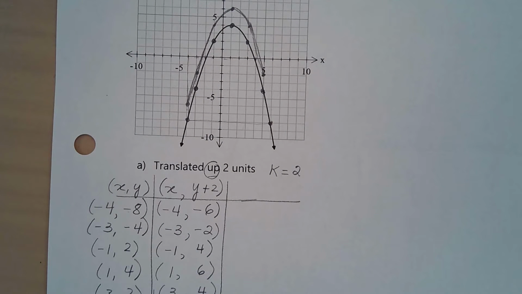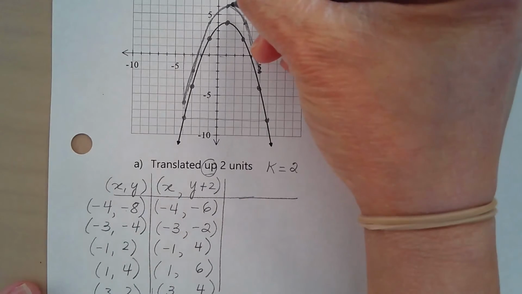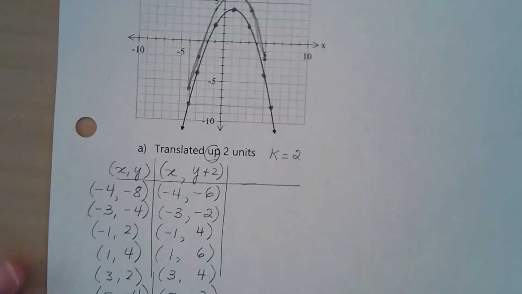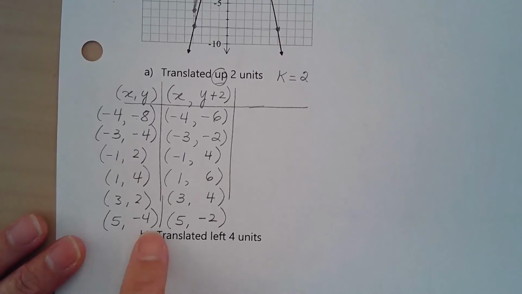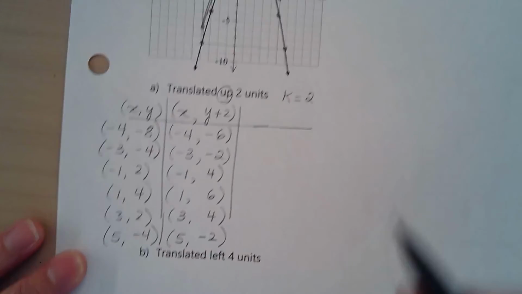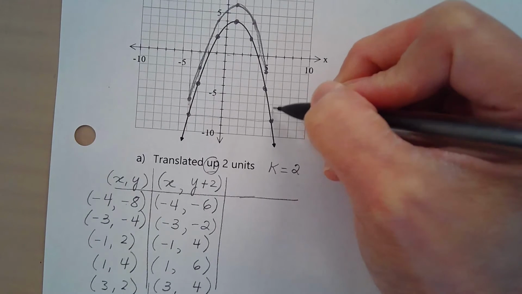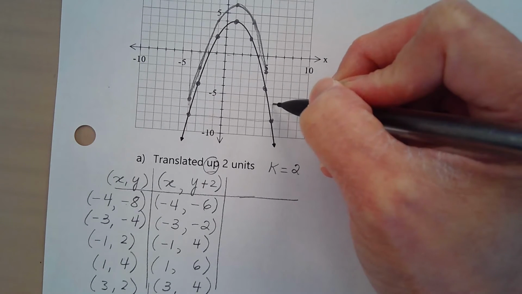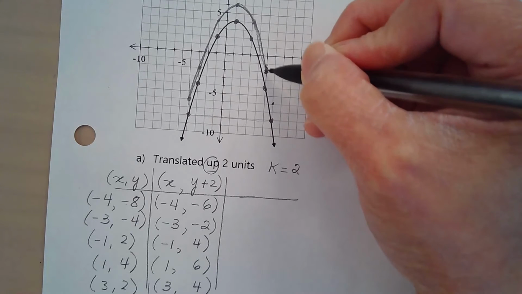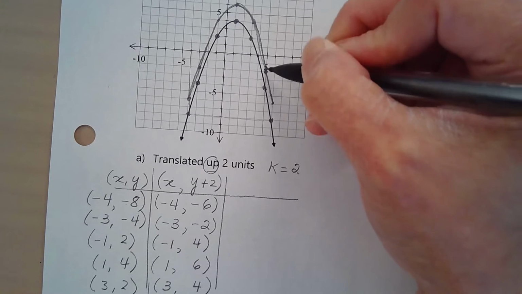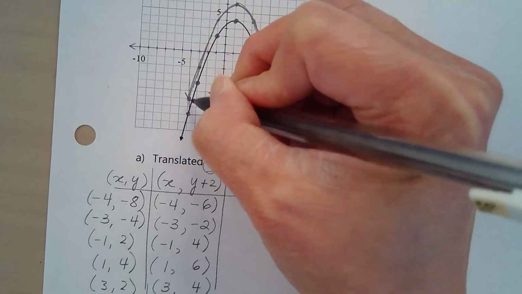Okay, so my graph kind of looks like that. It's a sketch. If we continued on with more points at the bottom, if we did all of them, then we would have another one down here. So everything is shifted up 2.